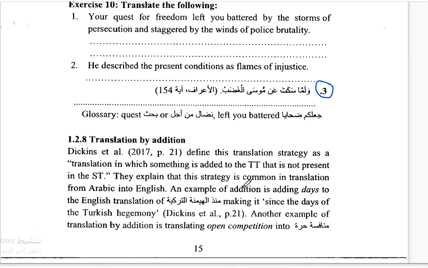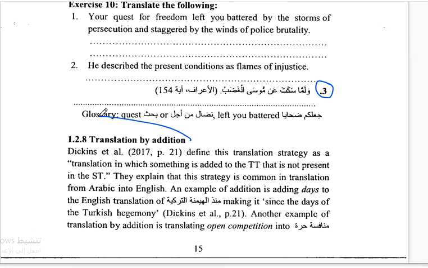We call this intralingual translation. ولما سكت عن موسى الغضب. هذا ميتافور شبه الغضب بإنسان يسكت. Okay, which means بالعربي ولما هدأ موسى. So you can translate it as when Musa calmed down.